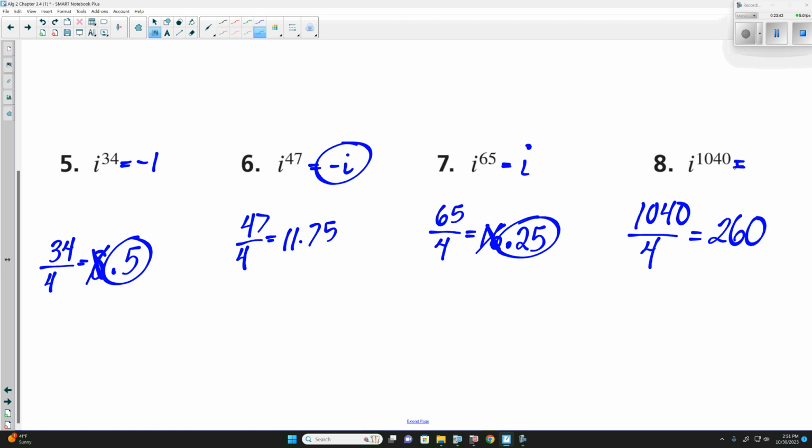So the decimal point for this is 0, so this is 1.